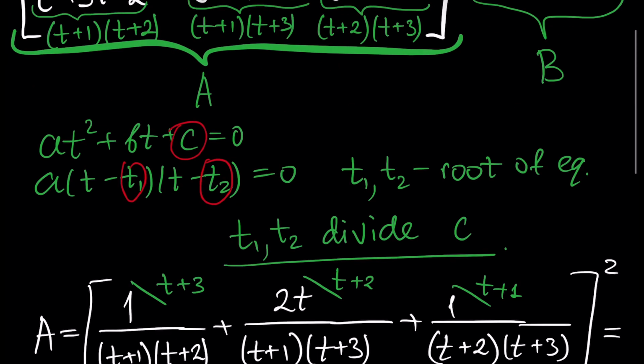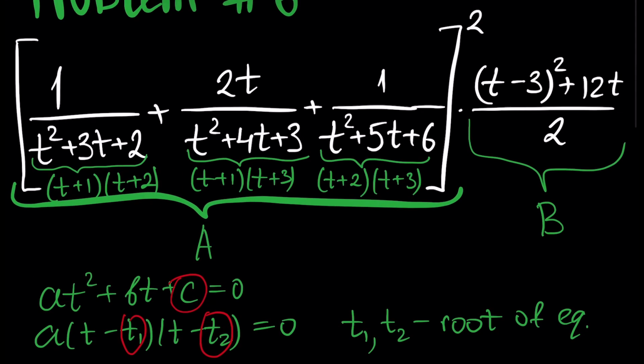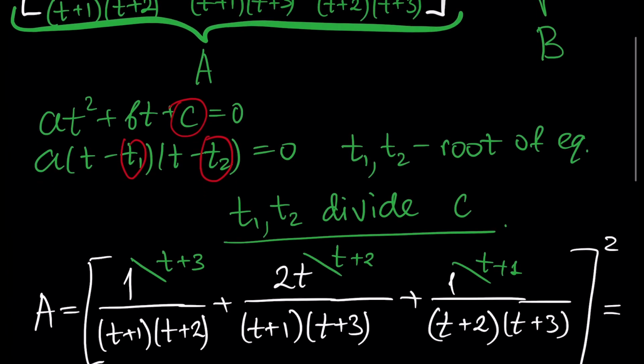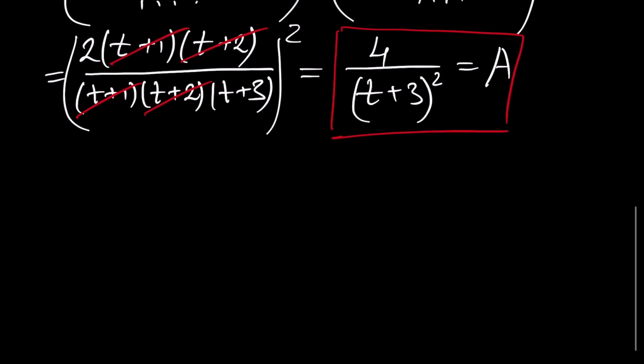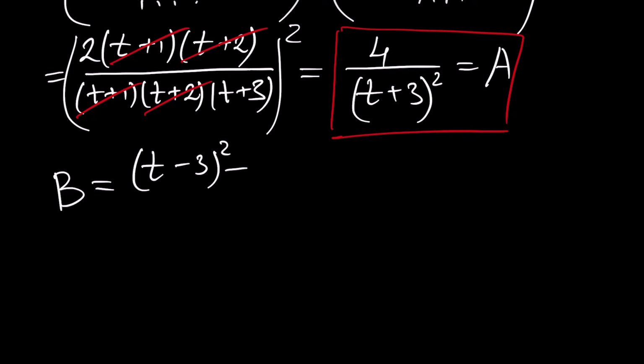Now let's calculate B. First of all, let's rewrite our B. B will be equal to t minus 3 squared plus 12t divided by 2.